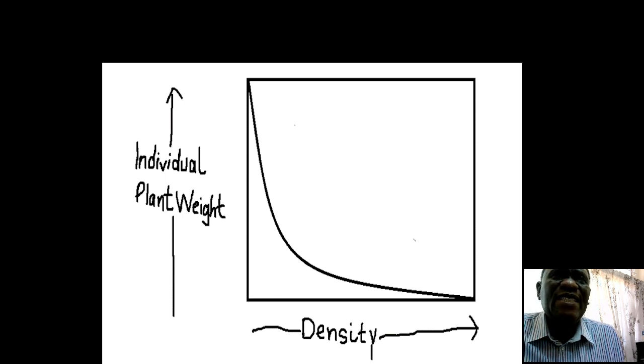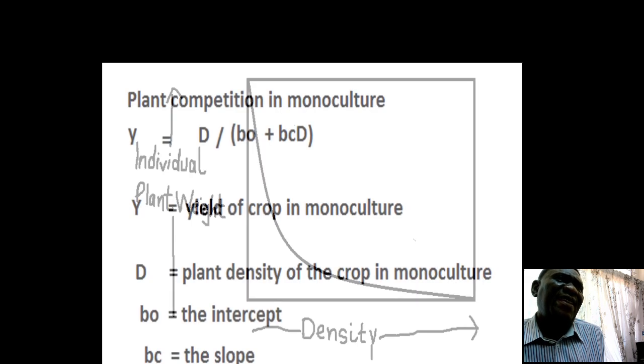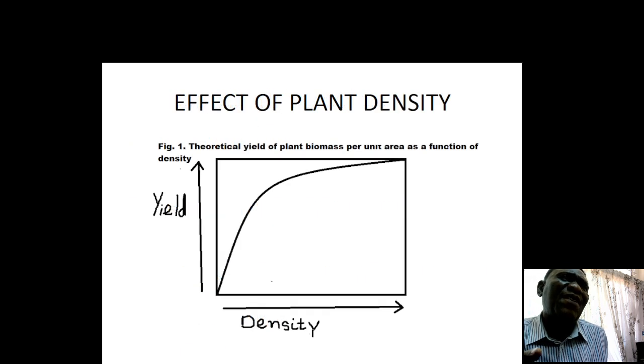Now, if you wanted to see what can happen to an individual plant, this is the graph which we get when we harvest everything together. Total effect of all the plants, total yield of all the plants.